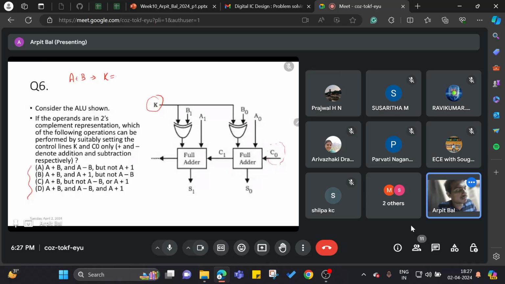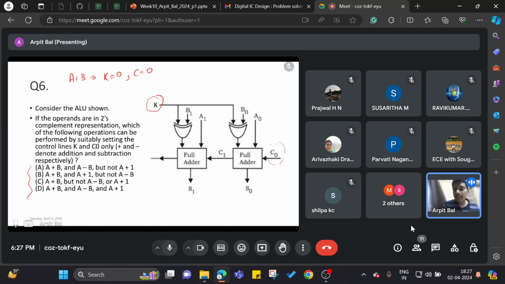Okay. Does everyone agree with this, or is there any other answer? Sir, can you repeat once again? Okay, so this ALU is given to you and the operands are in 2's complement representation.